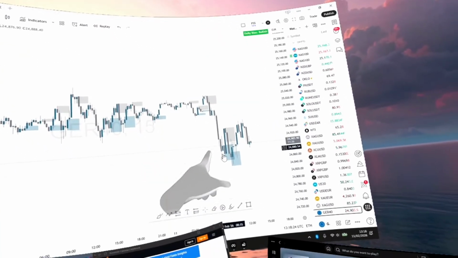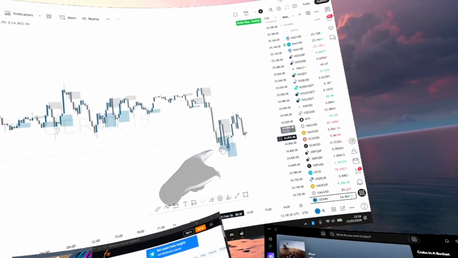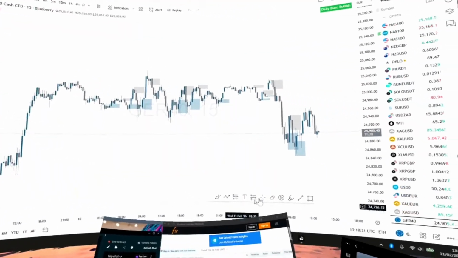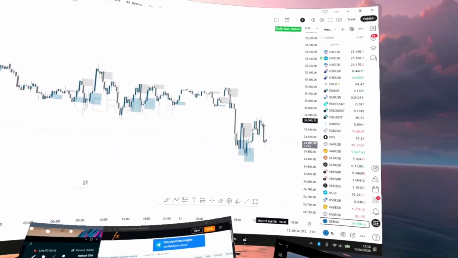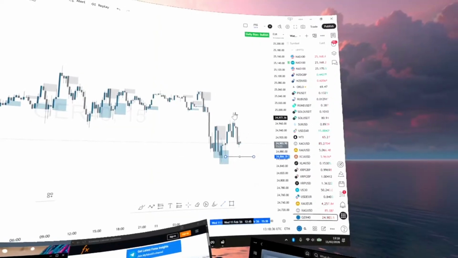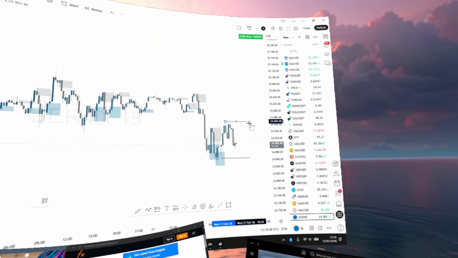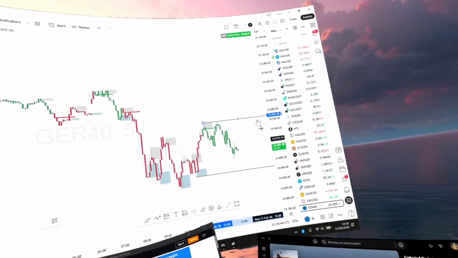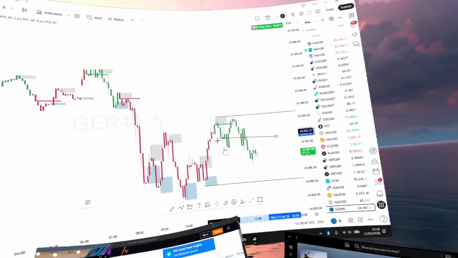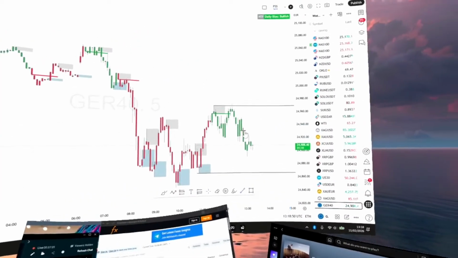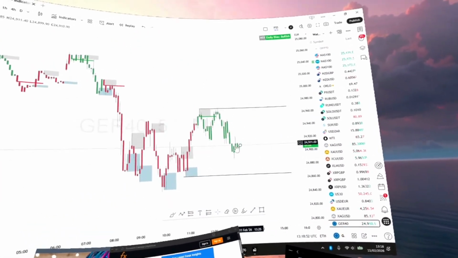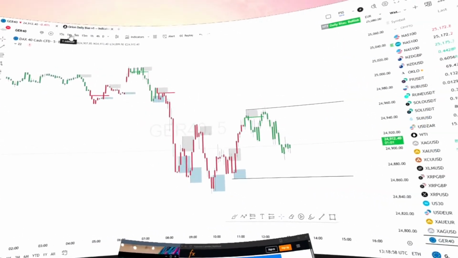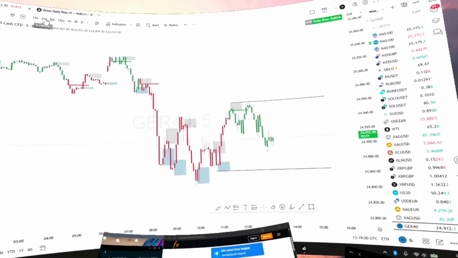This is your lowest point here. We close below, that becomes your lowest point, we close bullish. So we're actually bullish right now from here, like so. Let's come down to the 5. Bullish on the 5 minute.